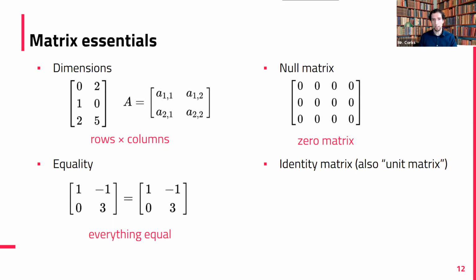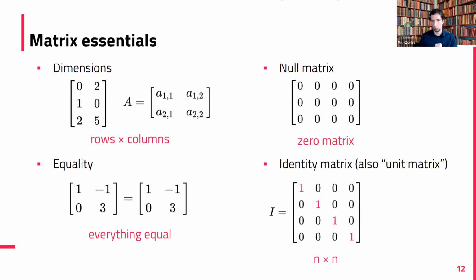And an identity matrix, what do we know about that? On the main diagonal we have 1, and it's a square. So it is a square matrix, an n by n matrix, where n could be whatever, but the number of rows and number of columns must be equal.